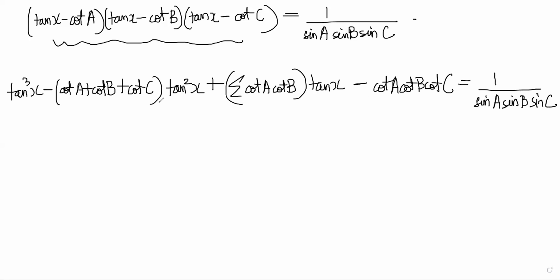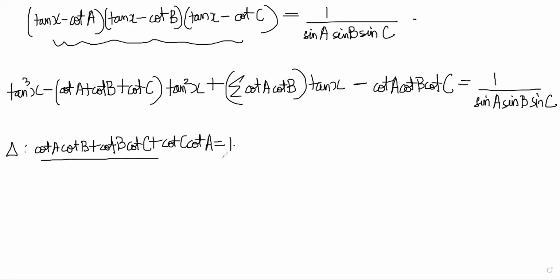Now, in a triangle, there is an identity that cot A cot B plus cot B cot C plus cot C cot A is equal to 1. This is a very straightforward identity.